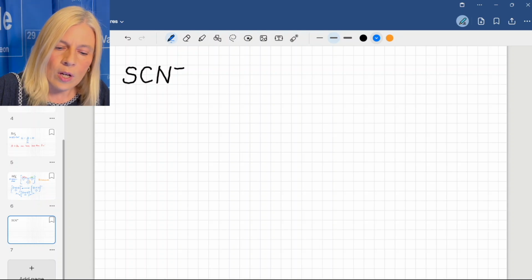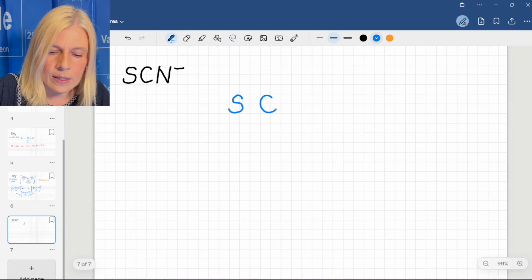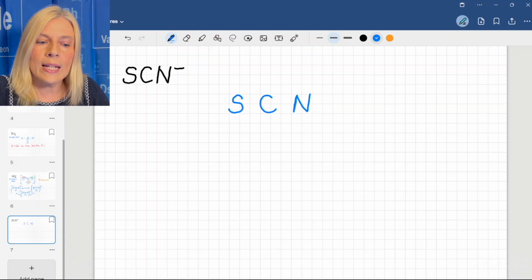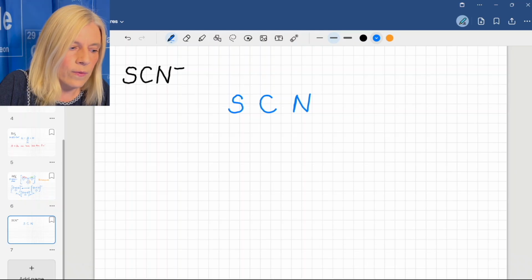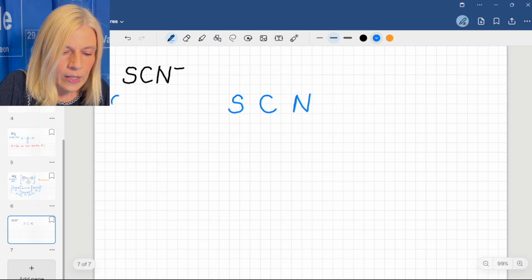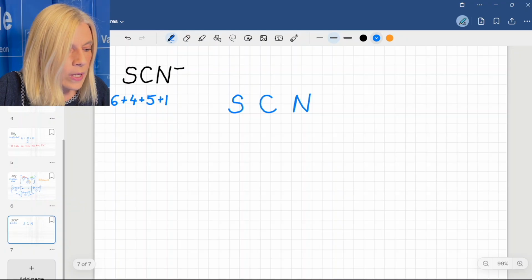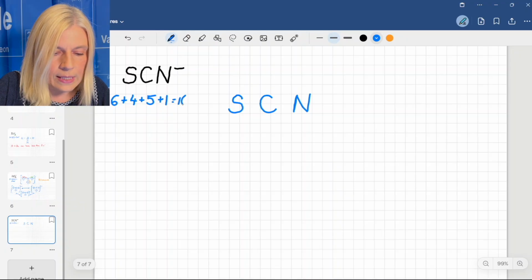So we're going to put S, C, N. Let's count our valence electrons. Sulfur comes with 6. Carbon comes with 4. Nitrogen comes with 5. And we have to add that 1 more. Yes. So we have 16 valence electrons to work with.